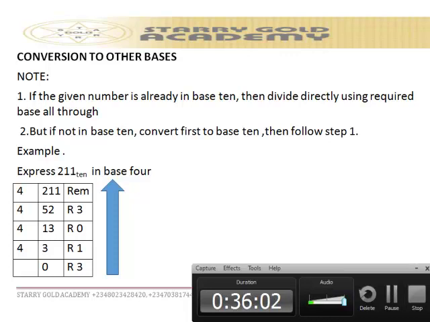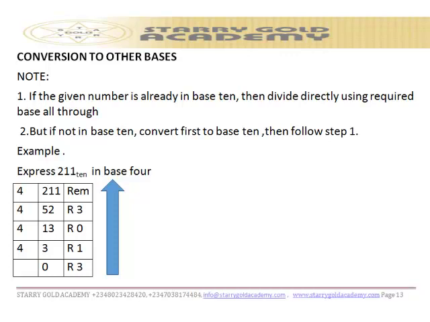But now we're talking about converting to other bases. Now take note of this. If you are being asked to convert to another base, and the number you are given is already in base 10, then divide directly throughout with the required base. For example, if you are asked to convert to base 5, you divide through with 5. No matter what the number is, you divide all through with 5.